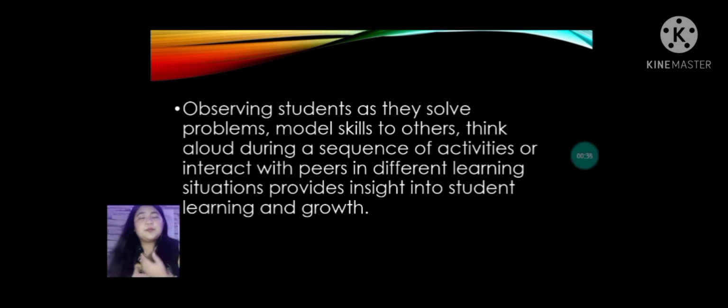So, observing students as they solve problems, model skills to others, think aloud during a sequence of activities or interact with peers in different learning situations, provide insight into student learning and growth.